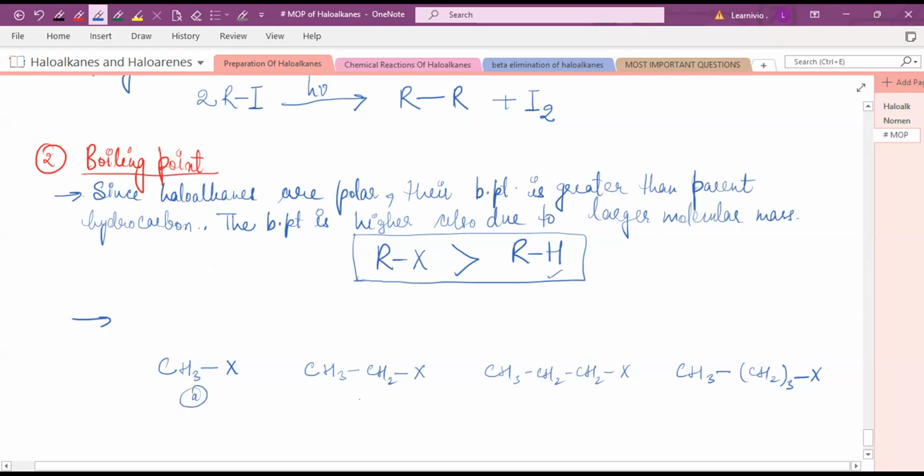Tell me which one has the greatest boiling point among options A, B, C, and D. You have to check the number of carbon atoms. If the number of carbon atoms is more, that compound has the highest boiling point.